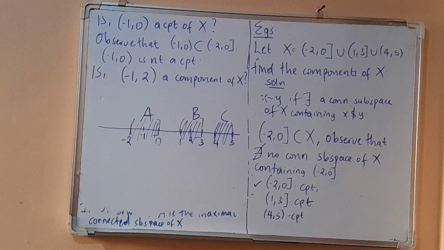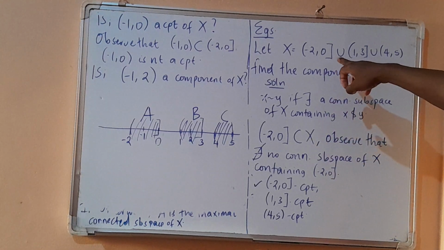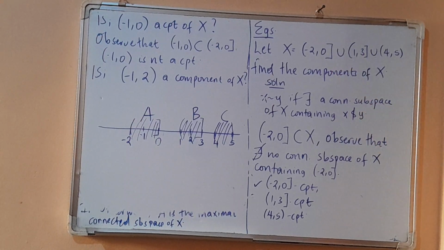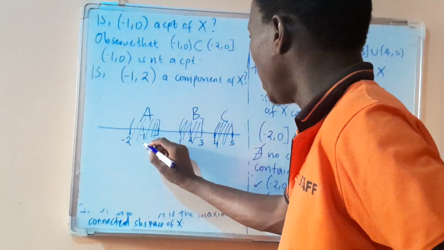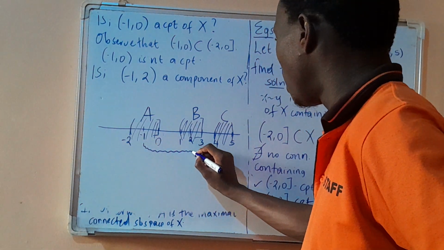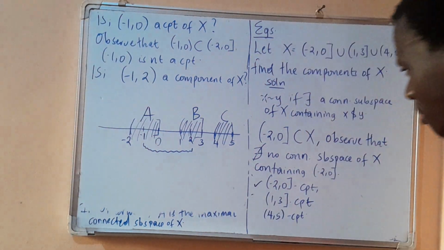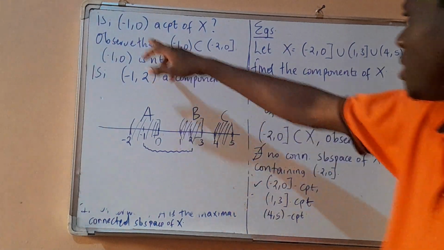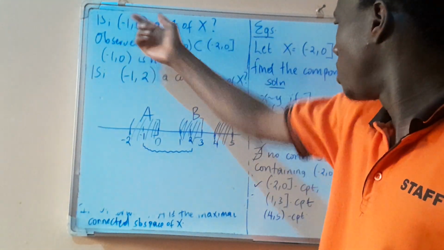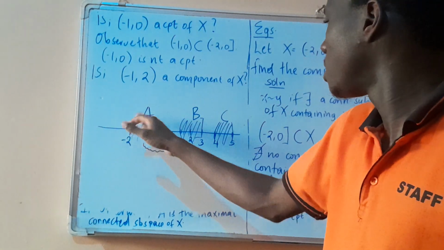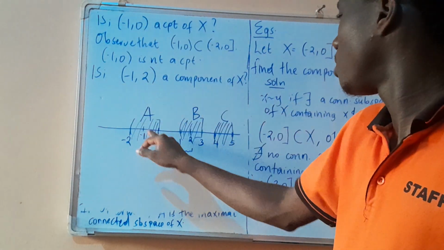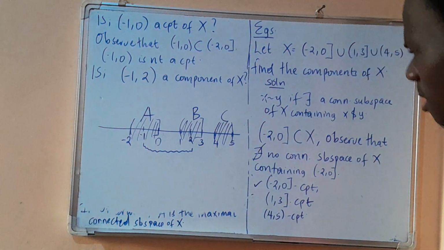So is this interval -1 to 2 connected? Is it a connected subspace of this X? Is this interval connected? At first we had this, and observe that this was connected because it only lies here, (-1, 0), within there. So for it it's connected.